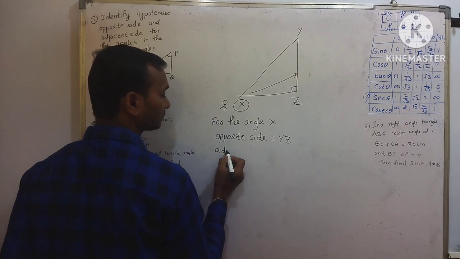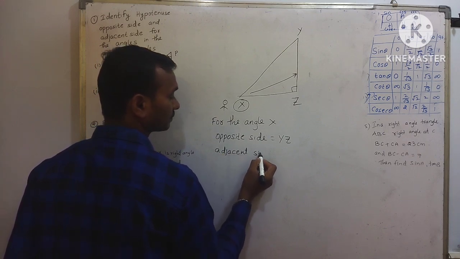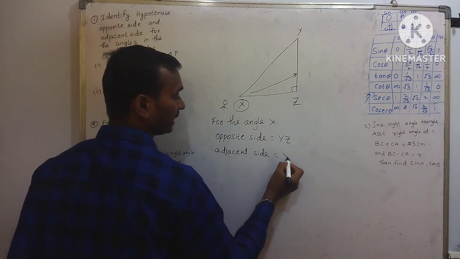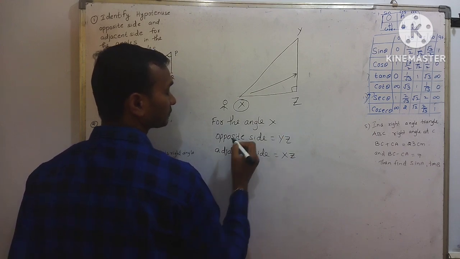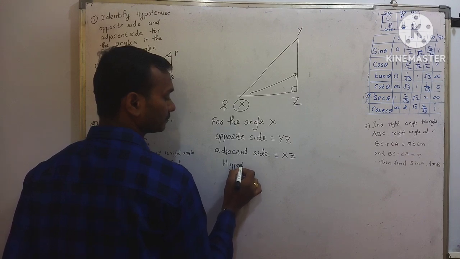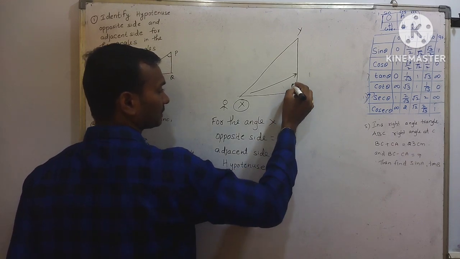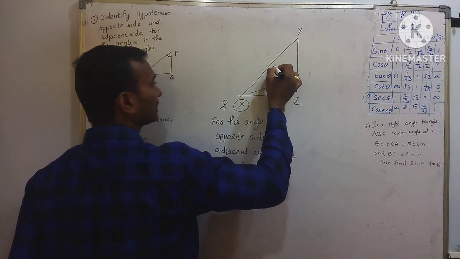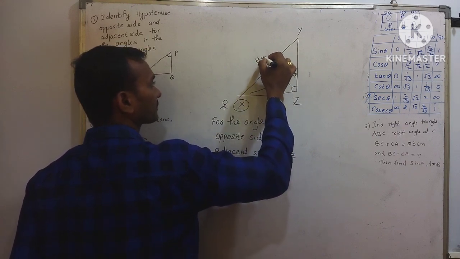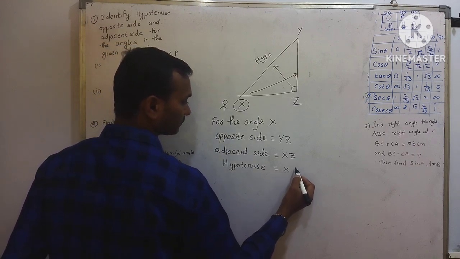Adjacent side is XZ, and hypotenuse, the side which is opposite to 90 degrees is called the hypotenuse, that is XY.